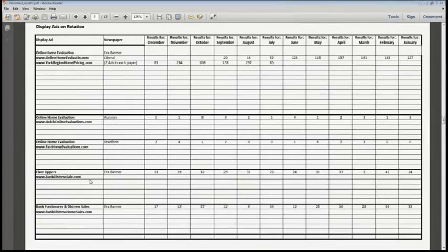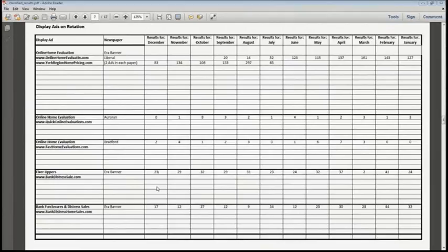Let's go to Fixer Uppers. Okay, let's go back to the Fixer Upper ad. In the Era Banner, I ran 3 ads. We've already discussed that the online home evaluation was a huge jackpot, but guess what? The other ads didn't work as well. Fixer Uppers, visit bankdistresssale.com. Well, let's check out the results.